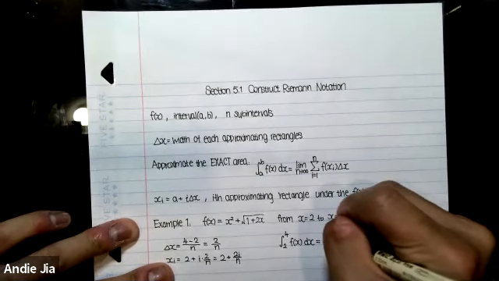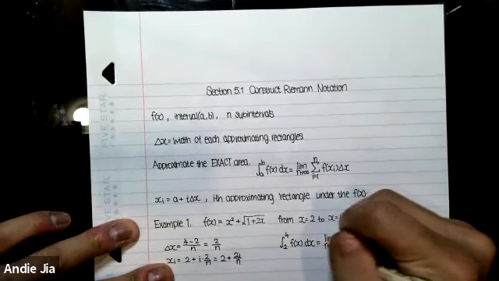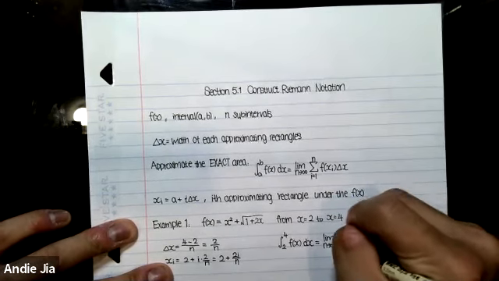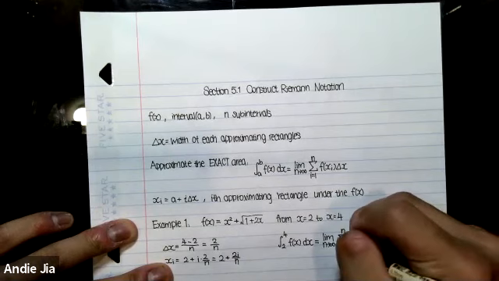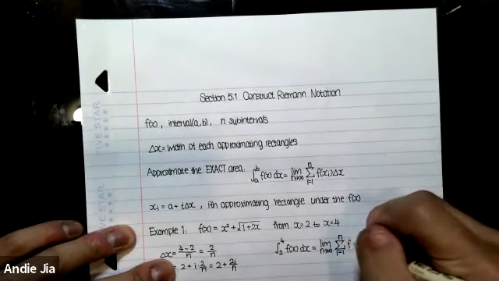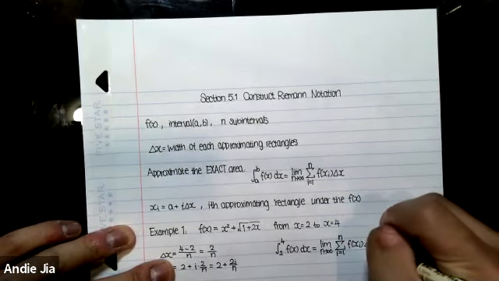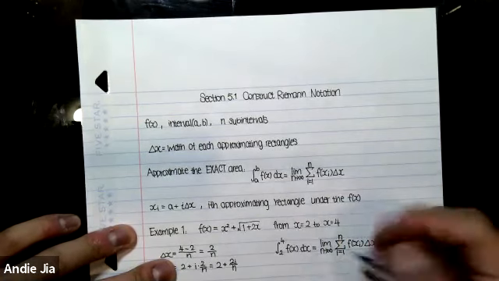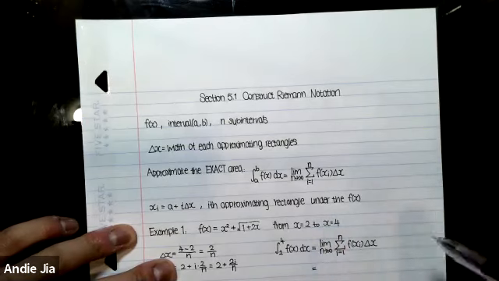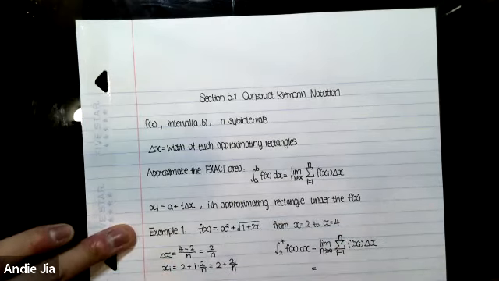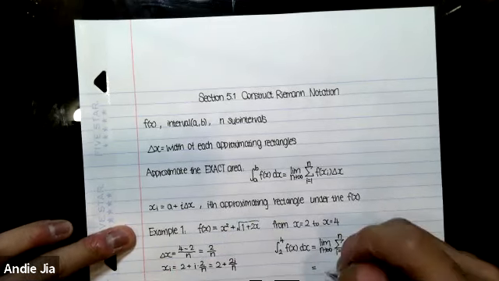It is the limit as n approaches infinity of the sigma notation, i equals 1 to n, of f of x_i times delta x. Then x_i is this expression.